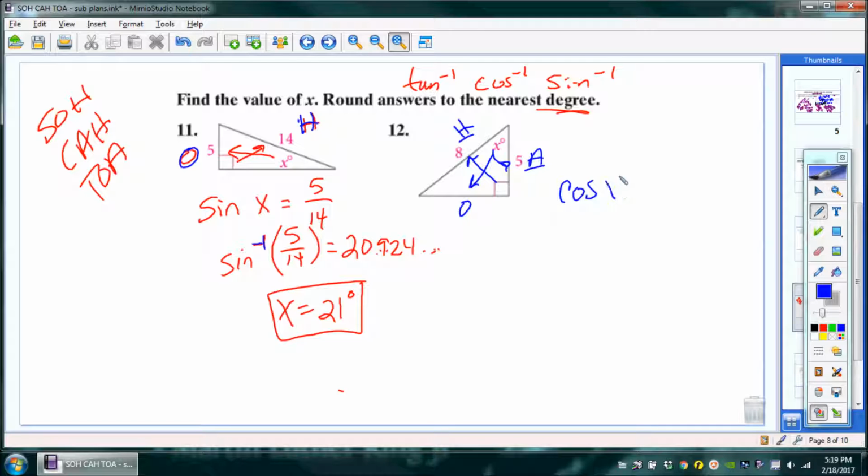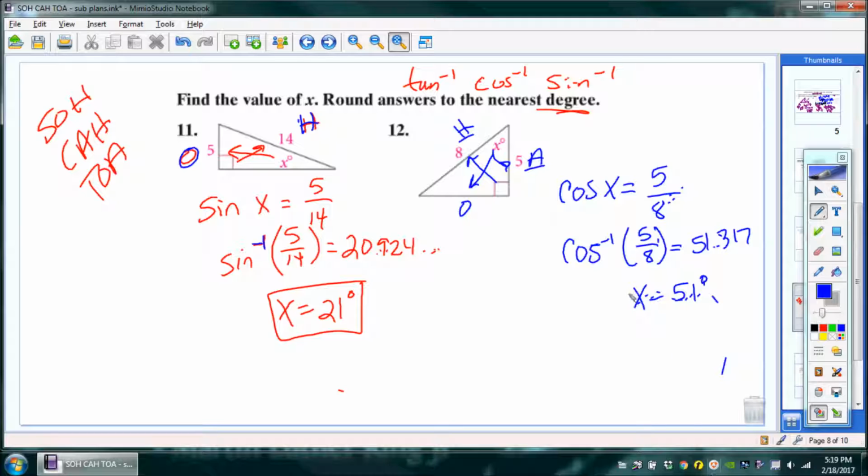So cosine of x equals 5 over 8. So we're going to do the inverse cosine because I'm trying to figure out my degree. So this is 51.317. So x is going to equal 51 degrees.